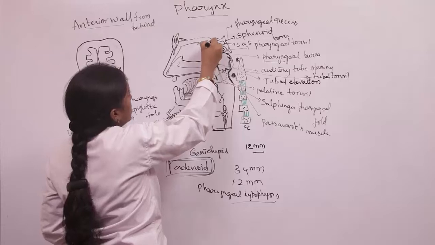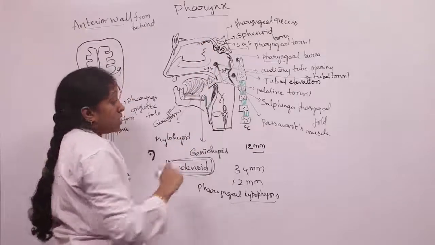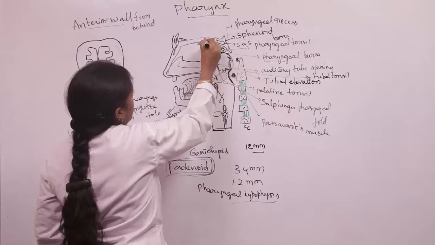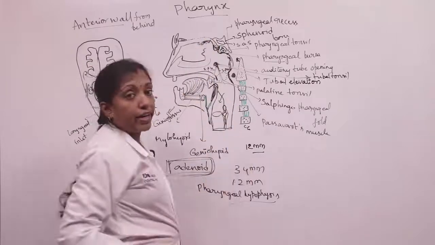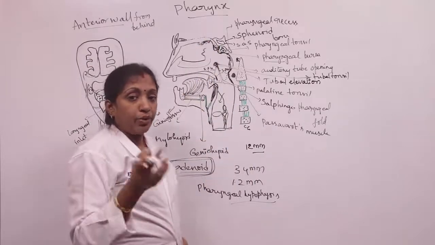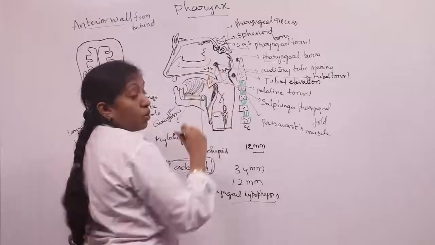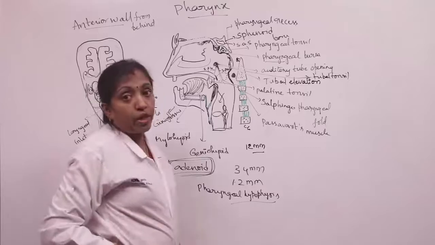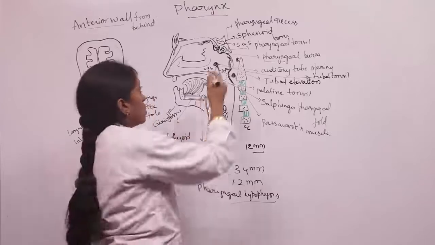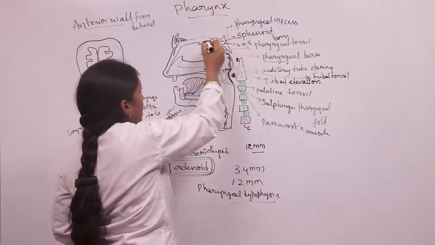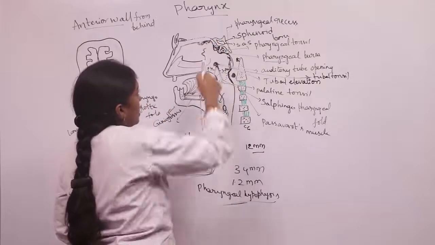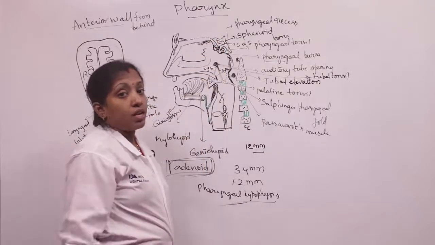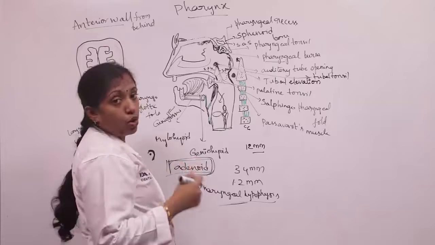It is similar to the adenohypophysis, the pituitary gland, and it is an extension of the stomatodeum of Rathke's pouch.